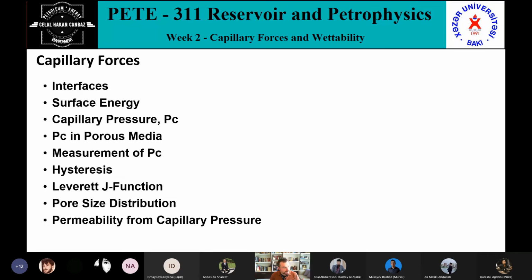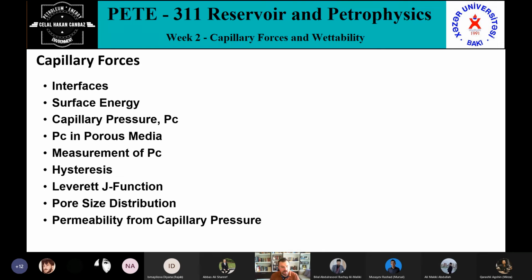So today we will have a path to learn a little bit about this one. We will start with the interfaces, what surface energy means in microscale, the capillary pressure in porous media, measurement of capillary pressure, and hysteresis areas; we will talk about AMOT and USBM methods.